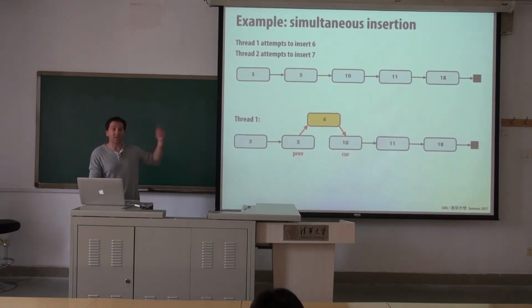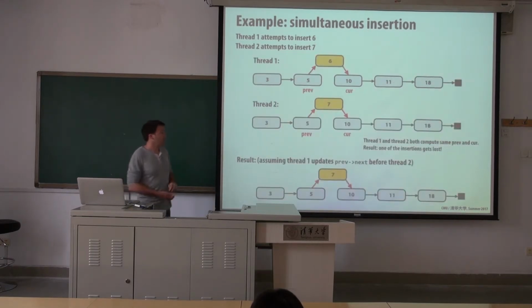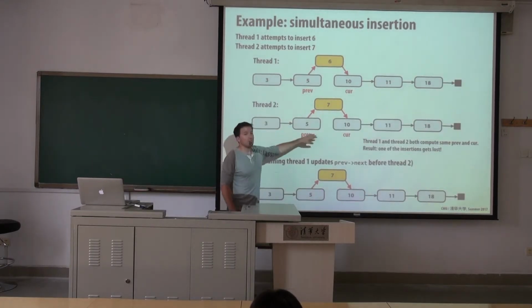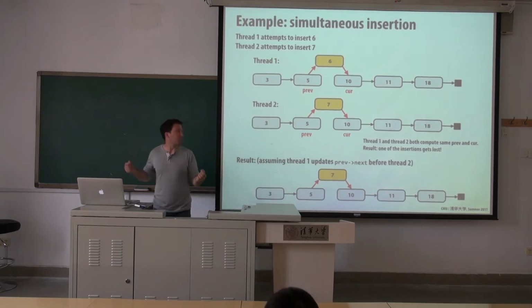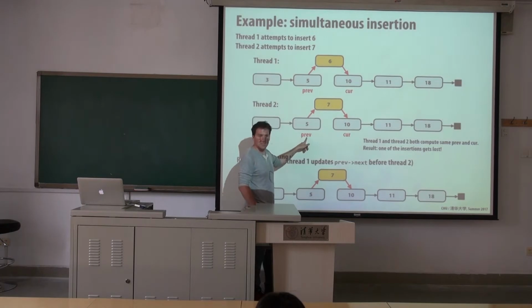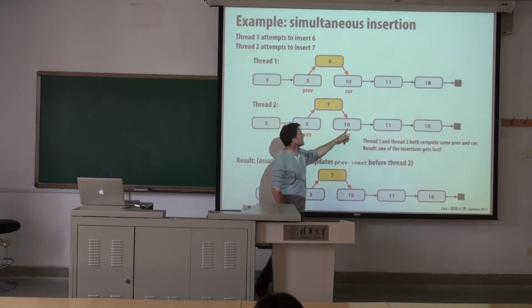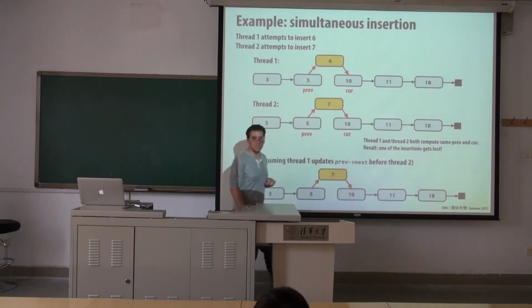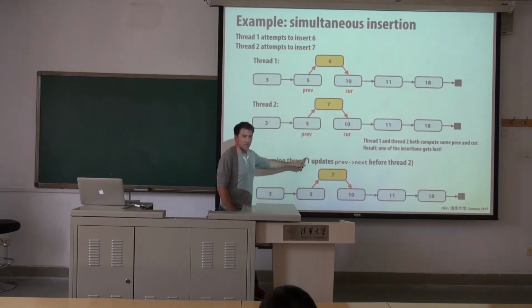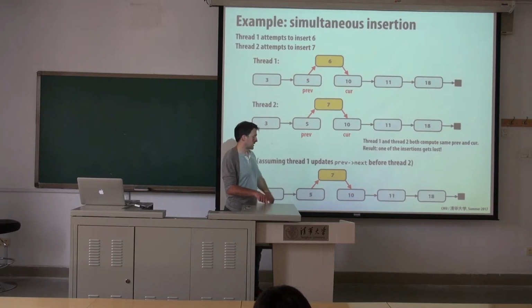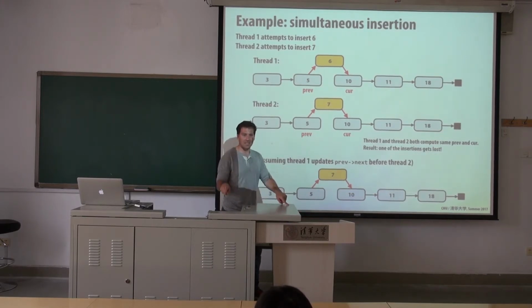Now, imagine the other thread is also inserting 7. Inserting 7 would look like this. Both threads have previous pointer equal to 5, and current pointer equal to 10. Let's assume that thread 1 updates previous next before thread 2.